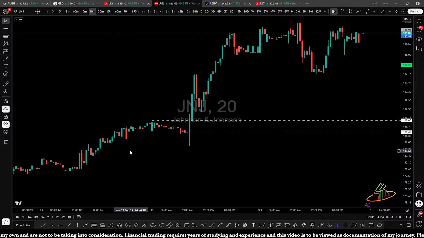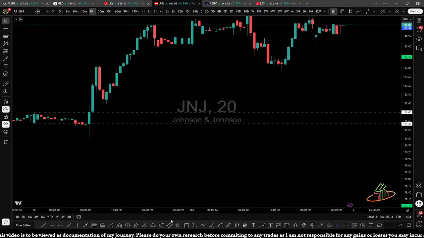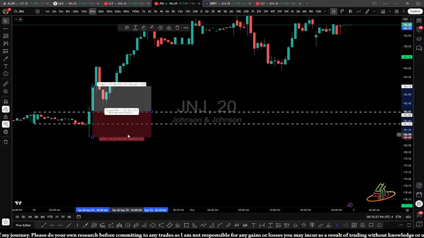Tuesday 20-minute ORB, you start the day off. There's no trade in here. It goes out the bottom. There's no retest. There's no trade on the outside. It goes out the top. There's a retest right there. There's a trade on the outside. Same difference on any time frame. You're gonna take this for your position.